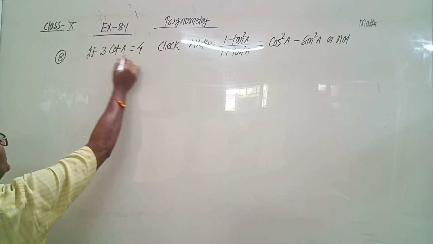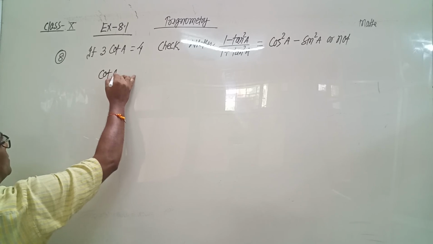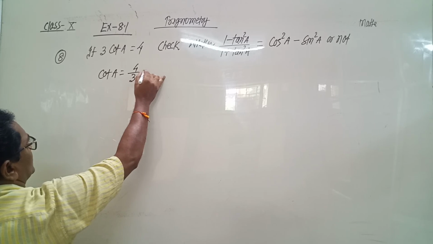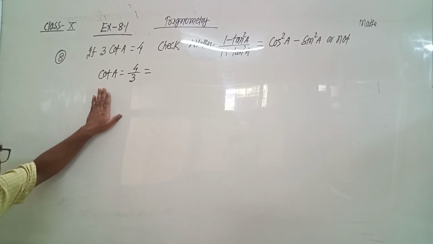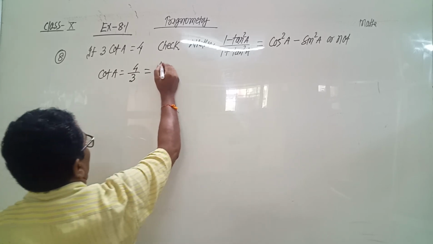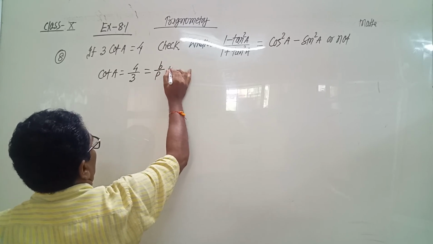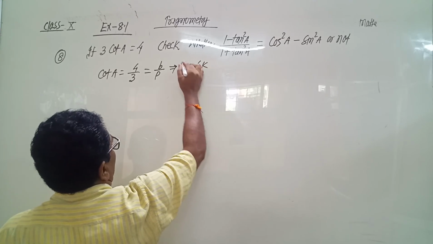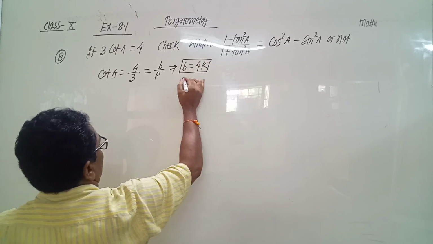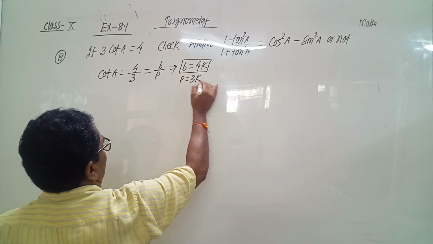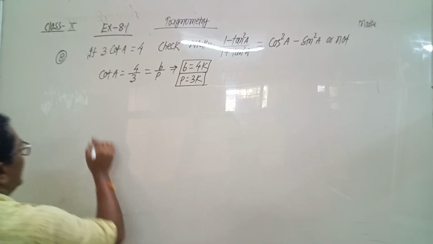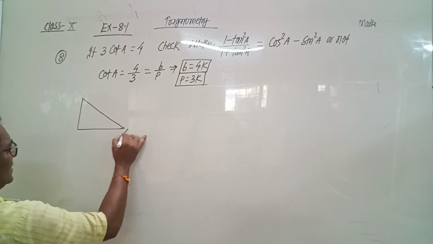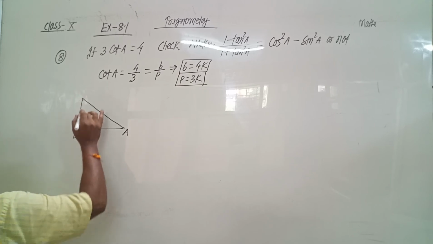We have given 3 cot A equals 4, then cot A becomes 4 by 3. And we know that cot equals base upon perpendicular. So it gives base equals 4k and perpendicular equals 3k. We draw a right triangle ABC.